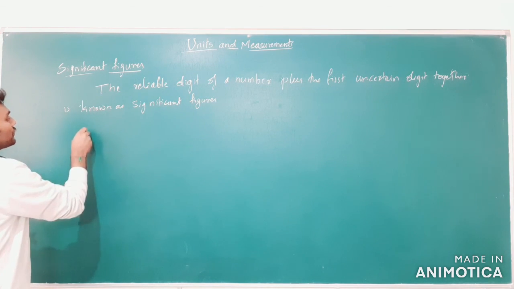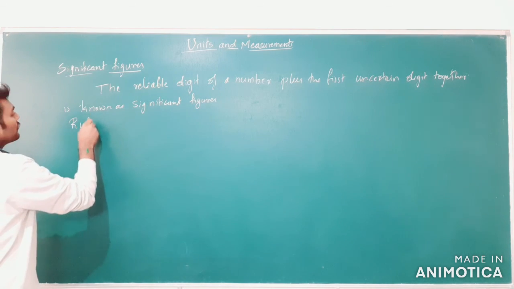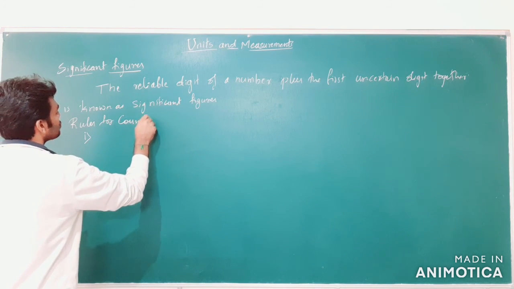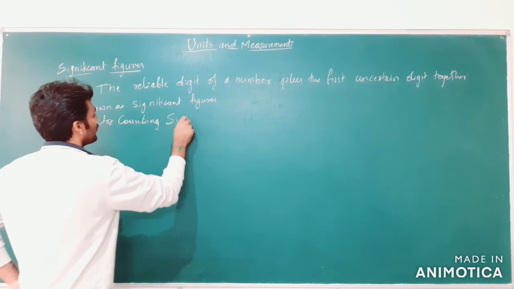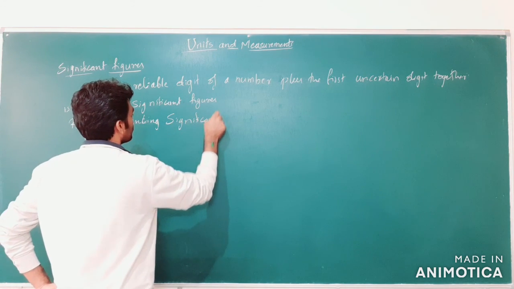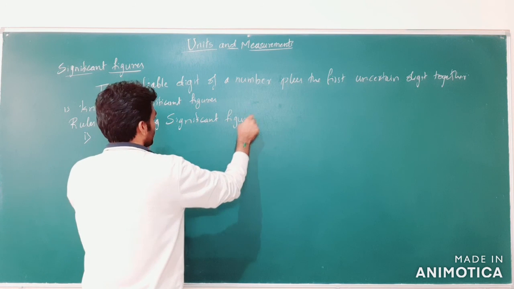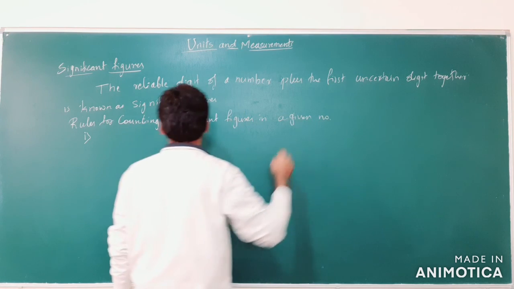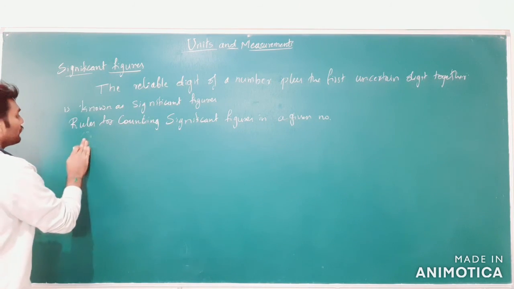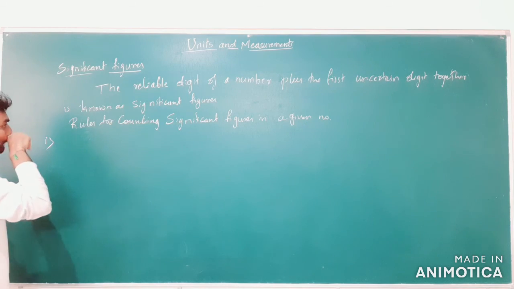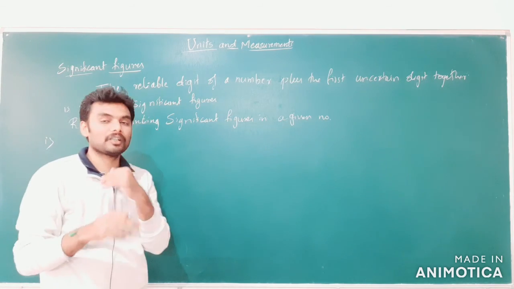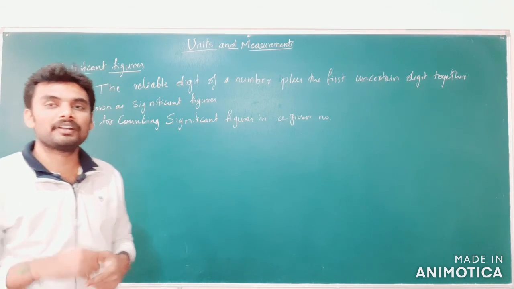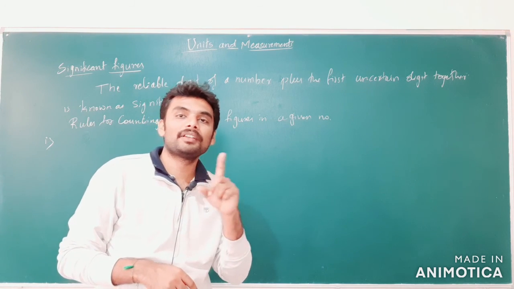Rules for counting significant figures in a given number. The rules are as follows. First, the number should be decided. Say I'm measuring the time, it is 10 seconds, 5.3 seconds.